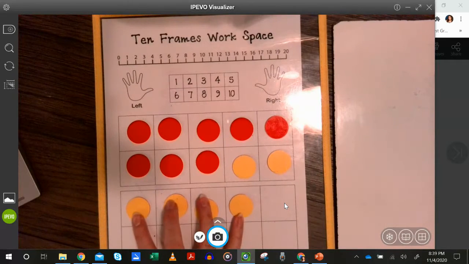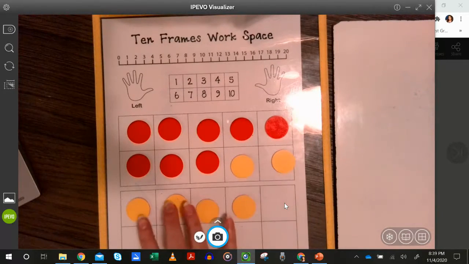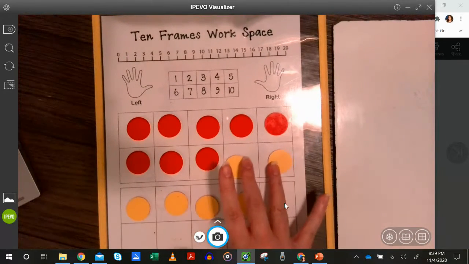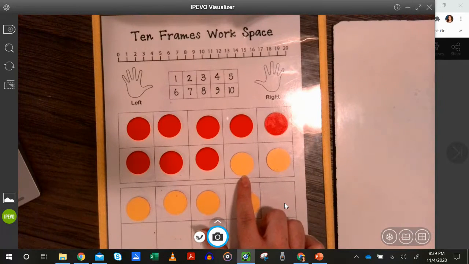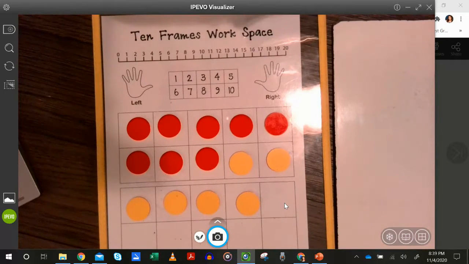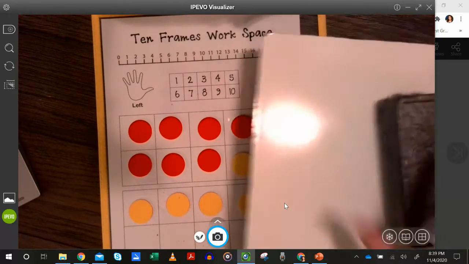I took away the group of 4 and 2 more because 4 and 2 make 6. 14 minus 6 is the same as saying 14 minus 4 and minus 2. I took away a total of 6. What am I left with? I'm left with 8.